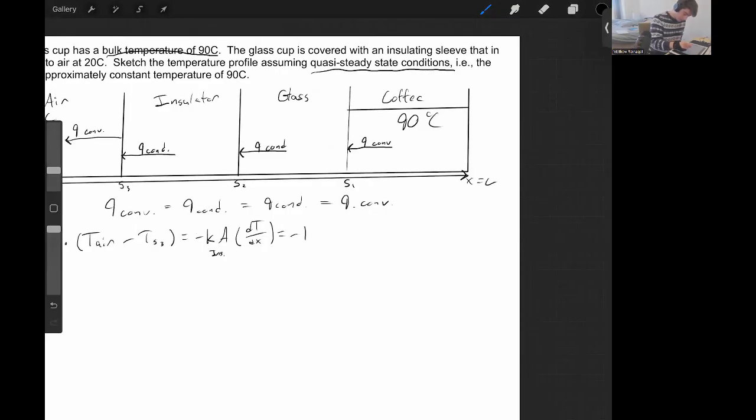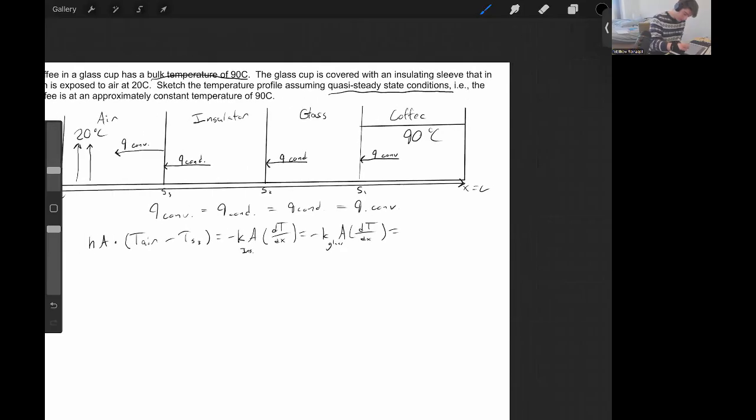Now we're going to relate this to the thermal conductivity of the glass times its area multiplied by its temperature gradient. Then we're going to relate this to the convection of the coffee, which is going to be what? hA times T coffee minus the temperature of surface 1.